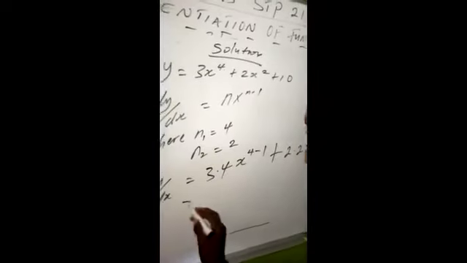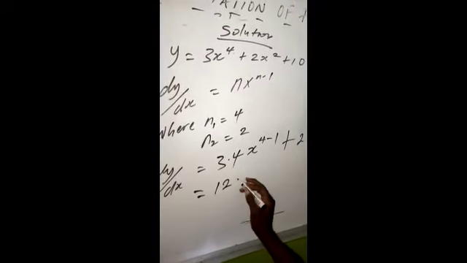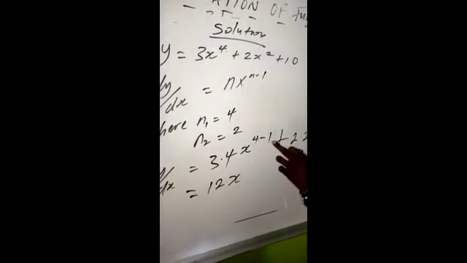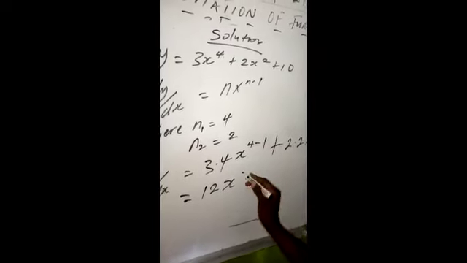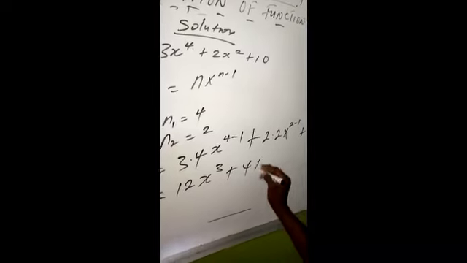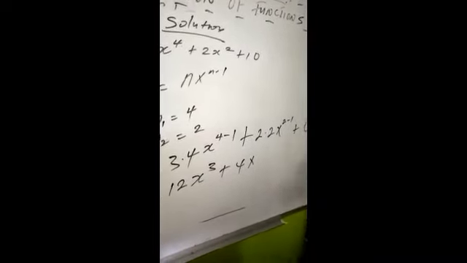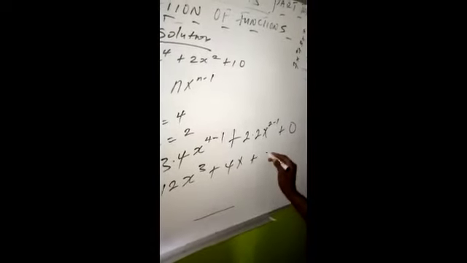So from this point, dot means multiplication. In mathematics, 3 times 4 is 12, s, 4 minus 1 is 3. Plus 2 times 2 is 4, s, 2 minus 1 is 1. You leave it this way, don't write it. So plus 0.